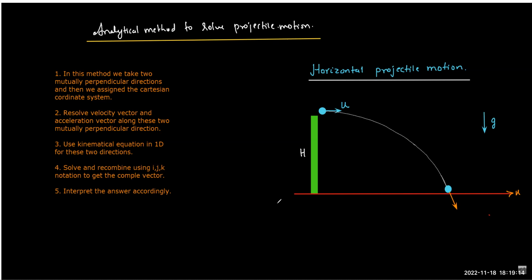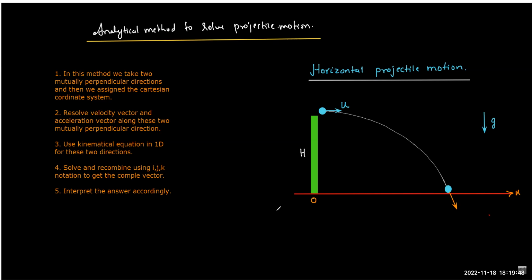Everyone, tell me. At the point of projection. Come on, guys, tell me. At the base of H. Yeah, so the base of H you can choose as the origin.